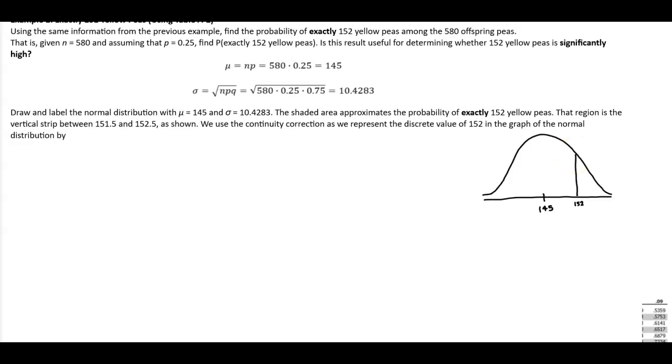What we want to do is use the continuity correction to represent the discrete value of 152 in the graph of the normal distribution. Remember that we take x minus 0.5 and x plus 0.5, so 152 minus 0.5 is 151.5, and 152 plus 0.5 is equal to 152.5.